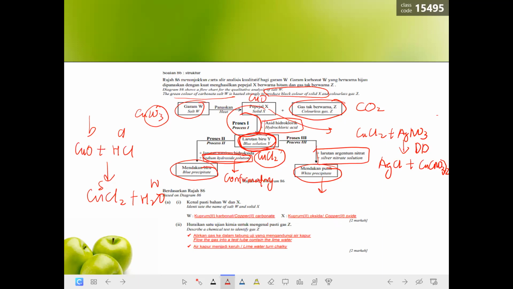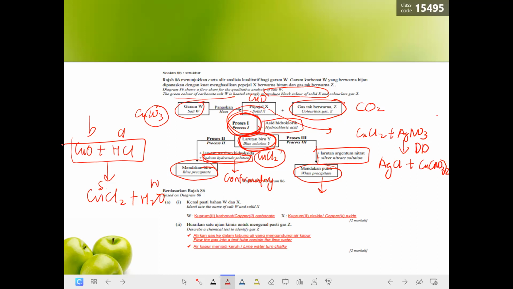Okay. What is process 1? Name me what is process 1. What is the name of this process? Copper oxide plus hydrochloric acid.